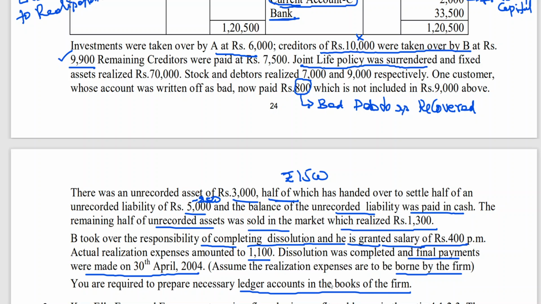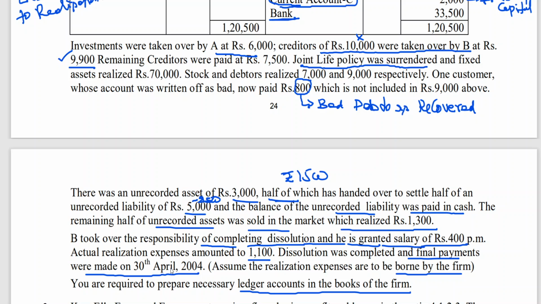Now, at the first point, let me tell you, B took over the responsibility of completing dissolution and is granted a salary of 400 rupees per month. And this process was completed on 30th April. Because three partners are there, at least somebody should take the responsibility of realizing the assets and settling the amount which is due to outsiders.